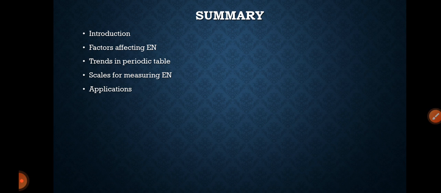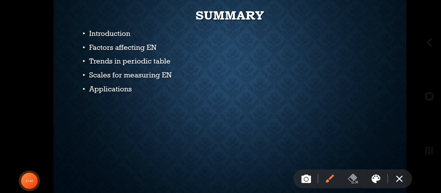This is a small summary of whatever we have discussed just now. One is introduction. We have discussed the definition of electronegativity, which is nothing but the tendency of an atom or an element to attract the shared pair of electrons present in the covalent bond. We have given the example of HCl, and we know that electronegativity is a relative quantity which is unitless.